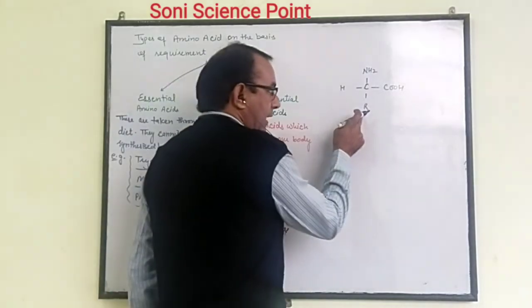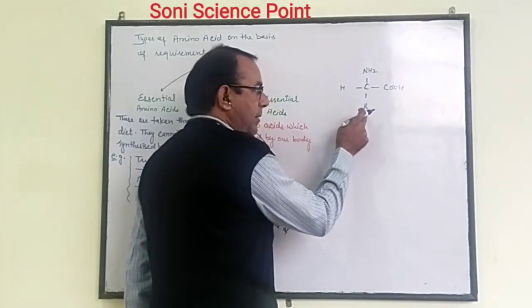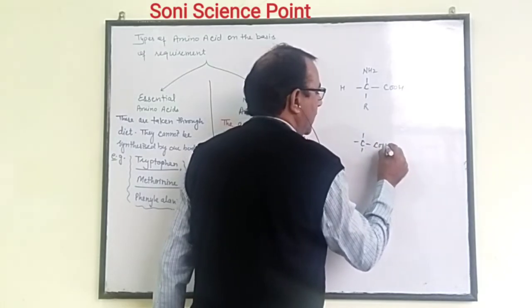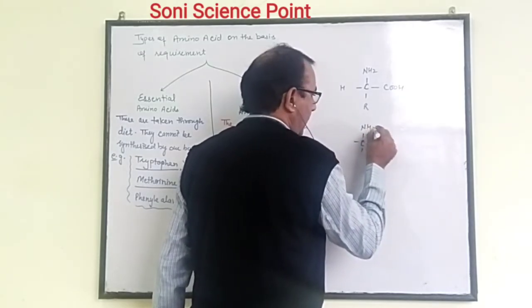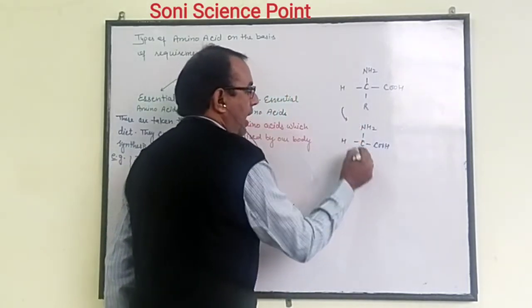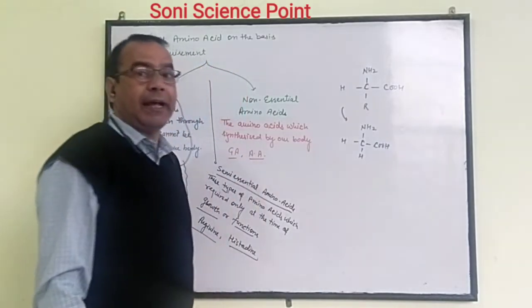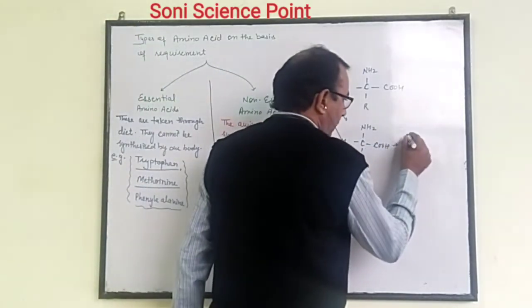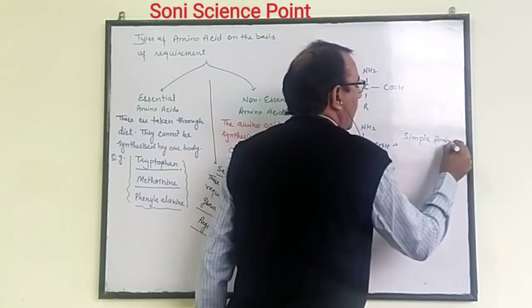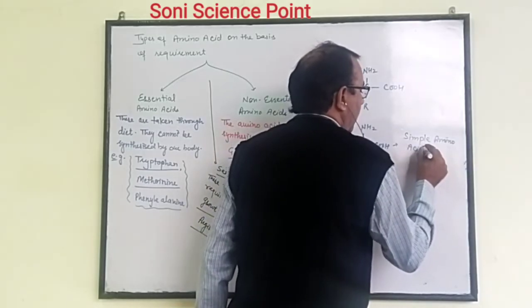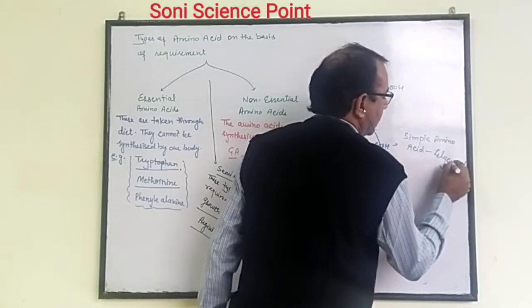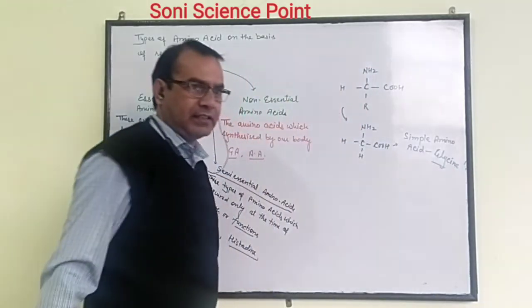If at position R it is also H, with one side carboxylic, one side NH2 amino group, and the other H, this is the simple amino acid called glycine. This is the formula of glycine.